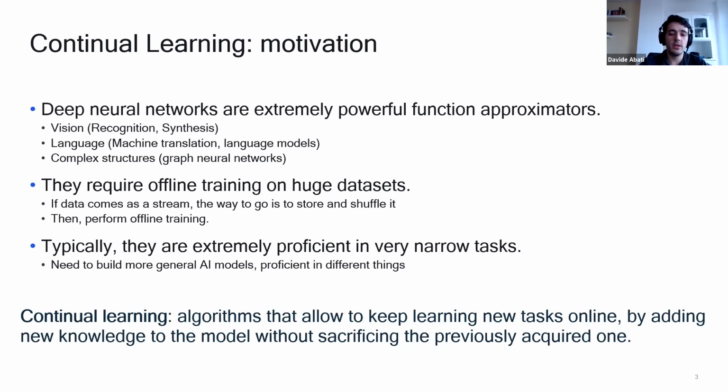But we really want to strive for more general models that are knowledgeable of multiple domains and can tackle multiple tasks. So continual learning is the branch of research that tries to incorporate into an already trained model new knowledge without ruining what's already there, without discarding what the model has already learned. This will become clear, hopefully, in a second.